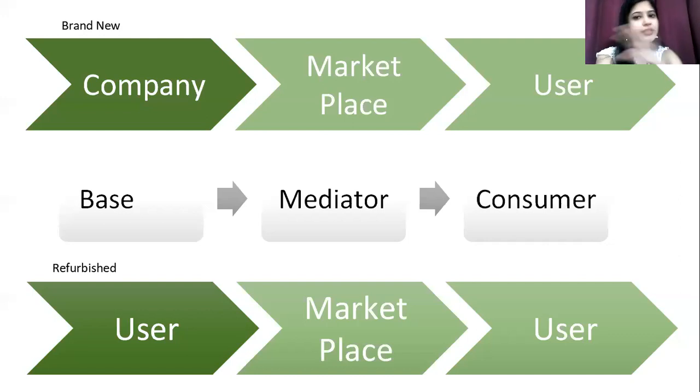No, the tests are absolutely the same, but once a brand new gadget is brought in the market, it has to be tested. The company itself tests it. But what happens in the refurbished product? The user who wants to resell it brings it to the site or the marketplace, where it has to be tested before bringing it on that particular site, and the tests are done on that site itself.